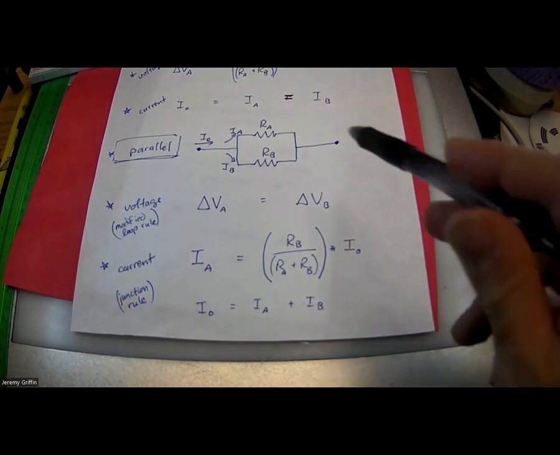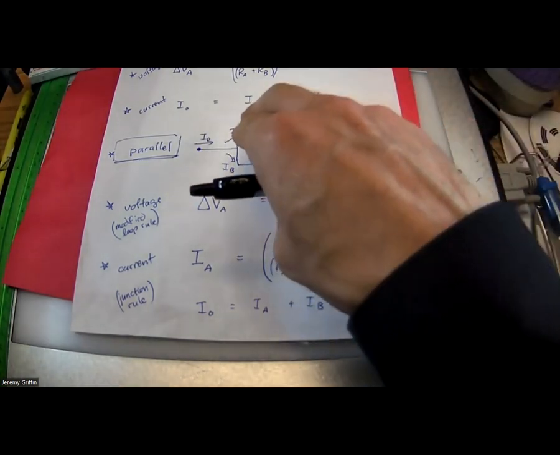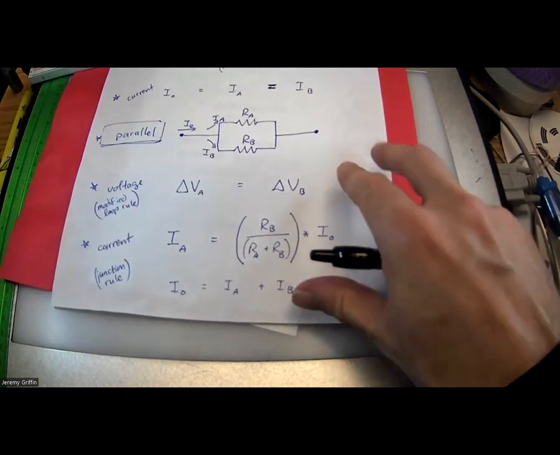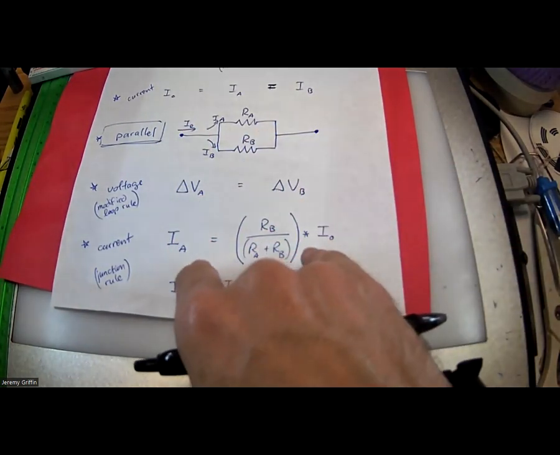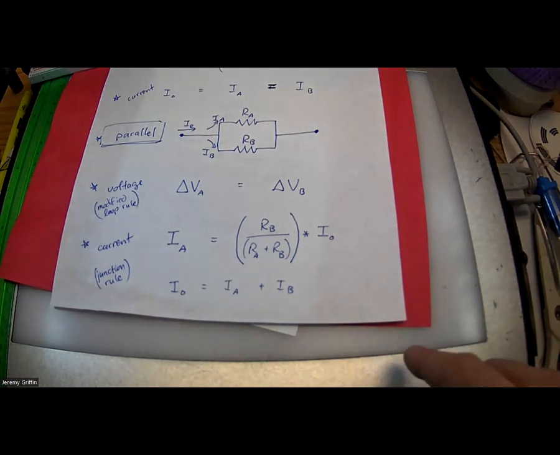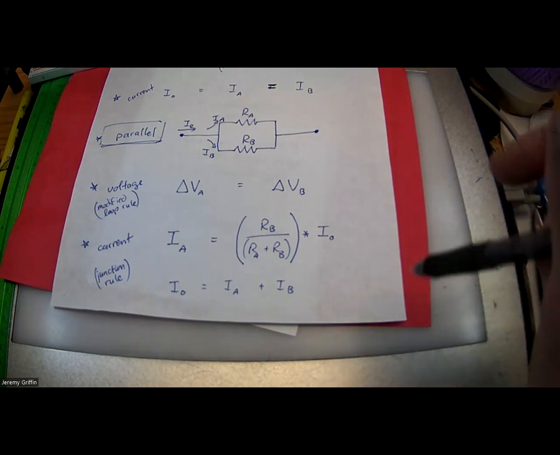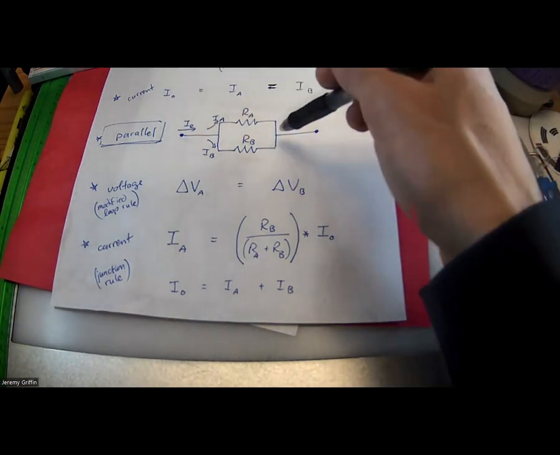Let me zoom out here. Here's a parallel setup. You remember parallel? The current has to split. The voltage will be the same across each one, but the current splits, and more current wants to go through the path of least resistance. The only way it would be the same is if they were the same resistance, but that's not generally true.